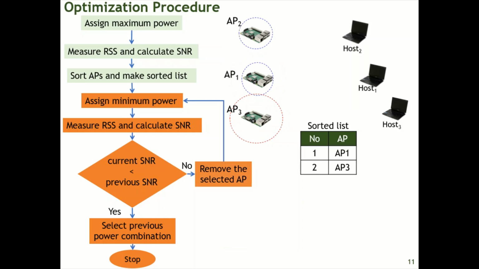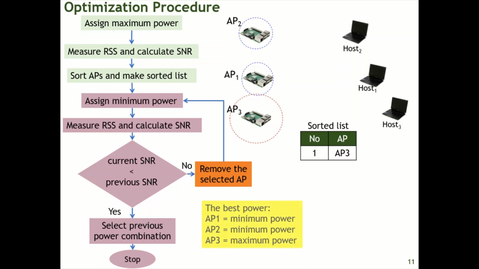Then if the current SNR is bigger, we remove the selected AP, which means AP1, and assign the minimum power for AP3. Then again, we measure RSS and calculate the SNR. Then check again. If the current SNR is smaller than the previous one, then we select the previous power combination.